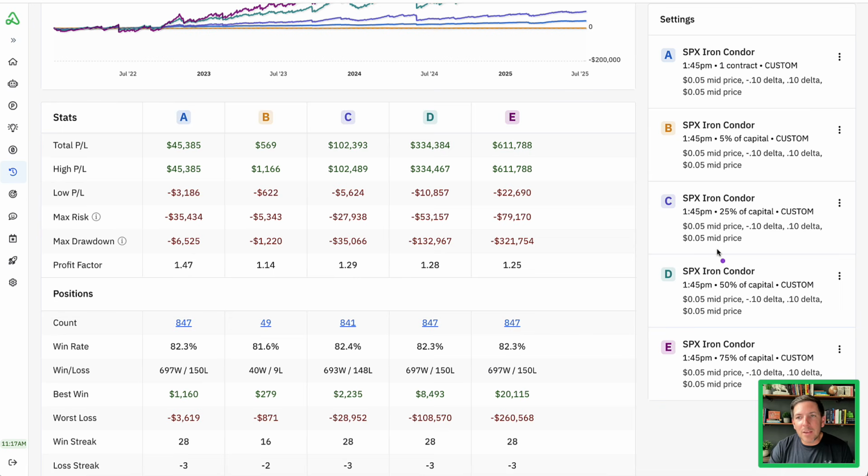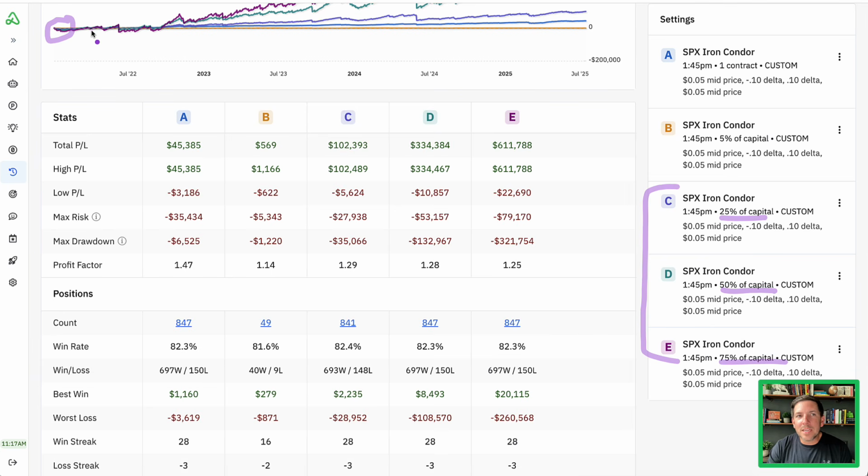The key with C and D and E and all of these high allocation ones is that you had to win early. In this case, you got very lucky. Your early trades were all pretty much winners or had a very high win rate. You got very lucky that you didn't have a bad sequence of returns early, and that allowed you to build up capital a little bit faster and build that cushion.